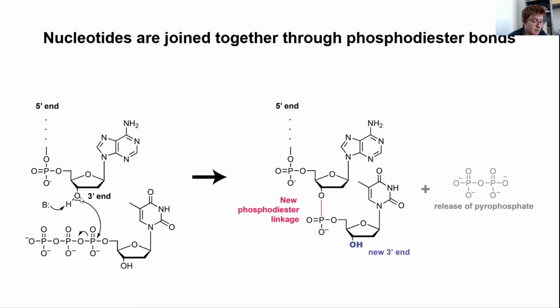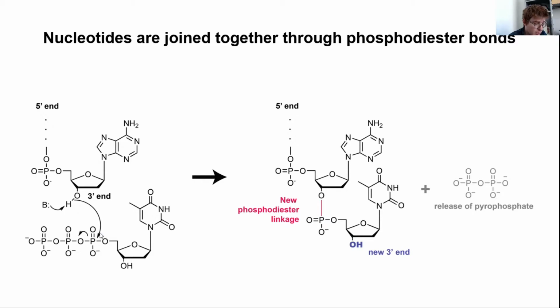This hydroxyl can perform a nucleophilic attack on the nucleoside triphosphate you see here. And to make this reaction go, we need a base to catalyze and activate this nucleophile to promote the attack.